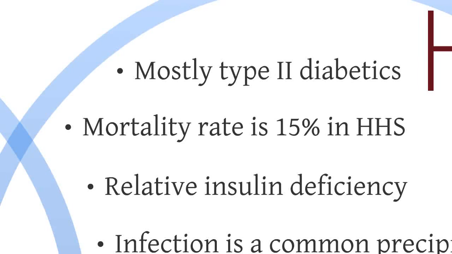Now, HHS mostly affects type 2 diabetics. The reason is that type 2 diabetics still have insulin production, so they're less likely to develop the hyperketosis that type 1 diabetics develop. The mortality rate in HHS is significantly higher, of 15%.